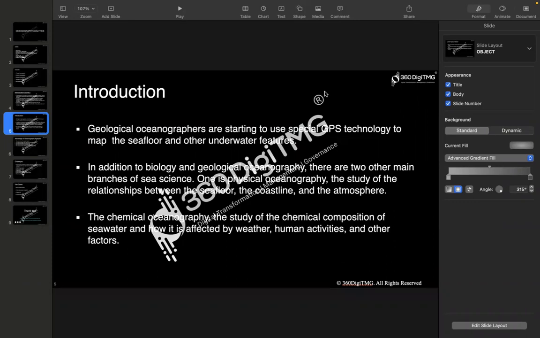Another is the chemical, which we had already discussed just now, the study of chemical compositions in seawater and how it's affected by the weather, human activities, and other factors.